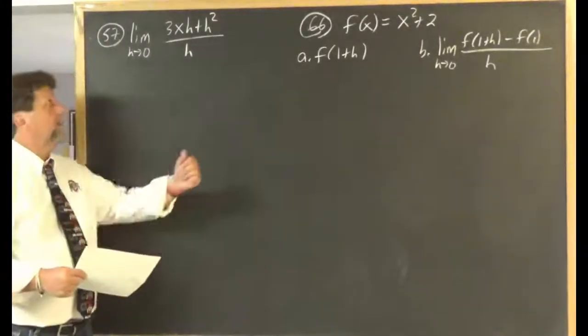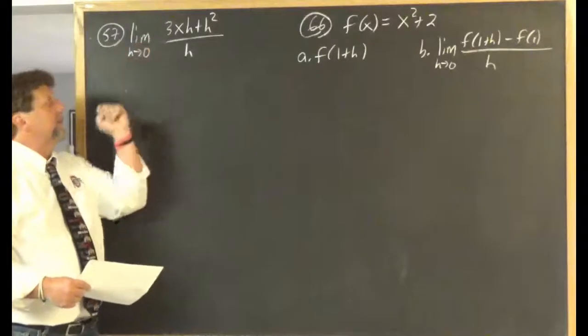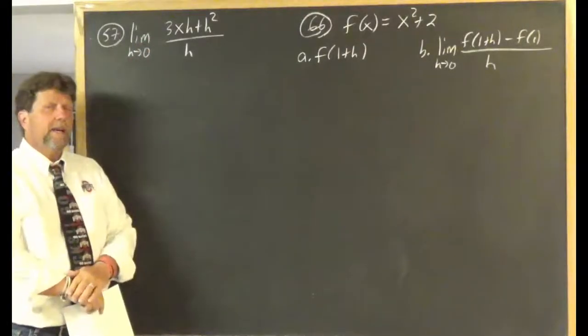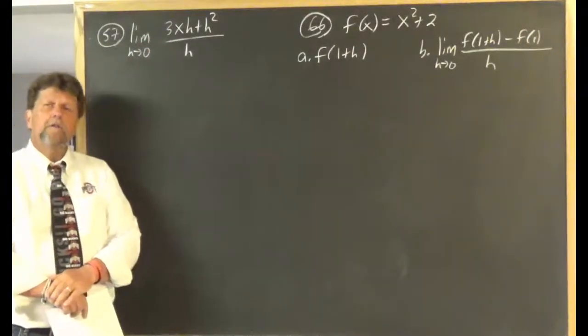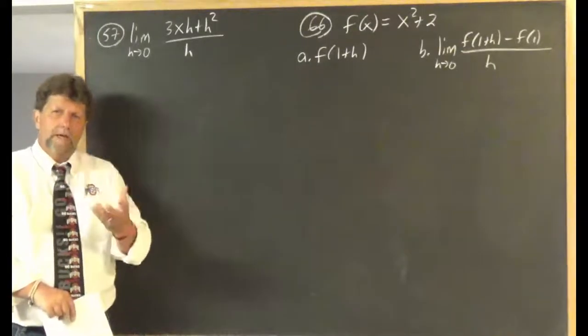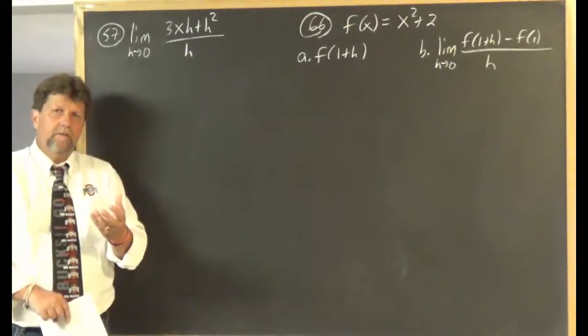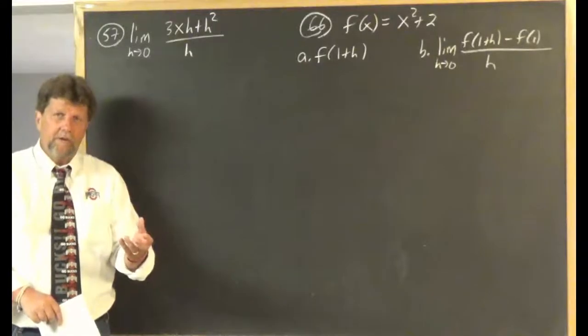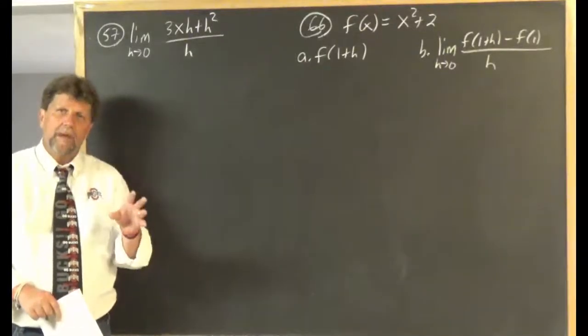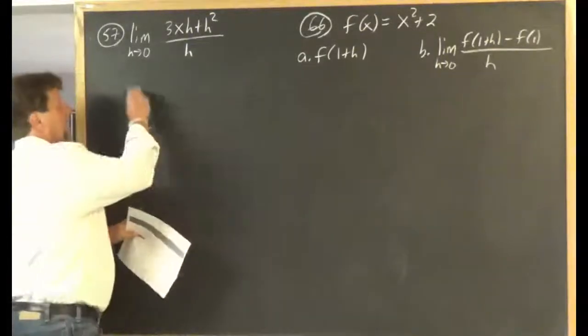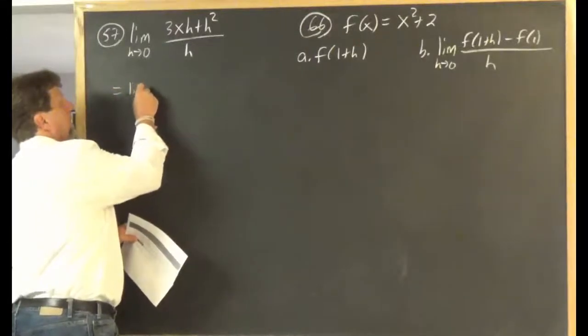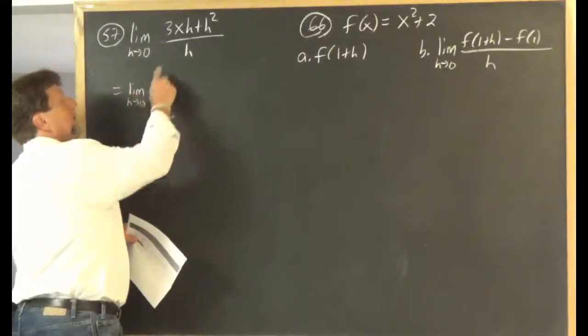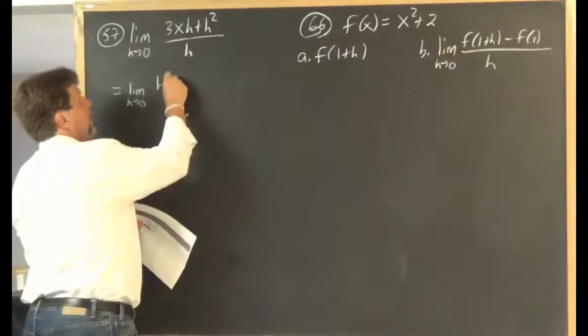Hopefully you do. 57 was the limit as h approaches 0 of 3xh plus h squared all over h. Try substitution. That's going to give you 0 over 0, which means you need some algebra magic. And here the algebra magic is factoring. In the numerator, we factor out an h.